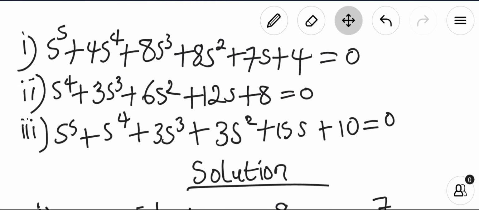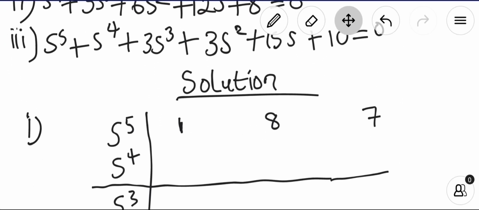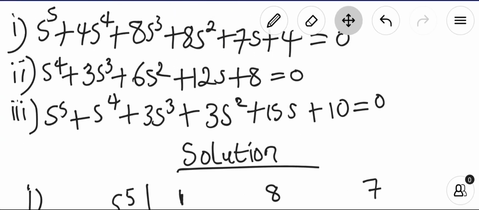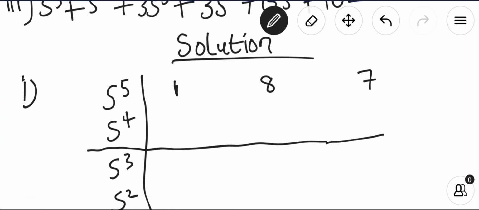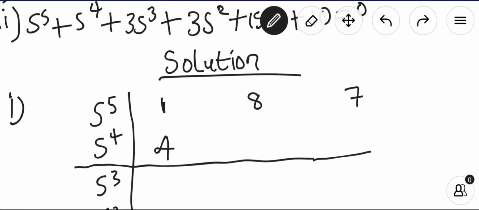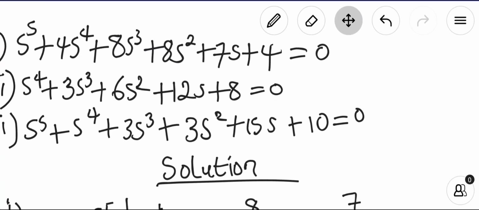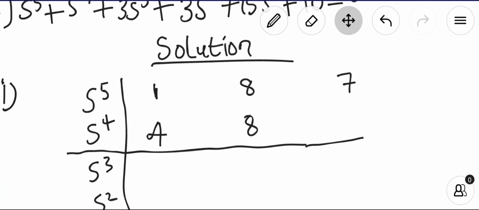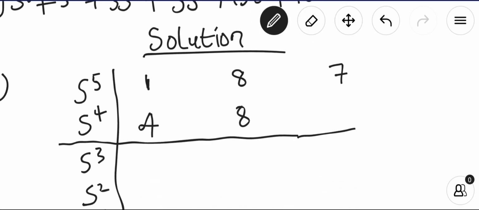Then for s to power 4, do the same thing. Take the coefficient of s to power 4, which is 4, and skip the coefficient of s to power 3. Take the coefficient of s to power 2, which is 8, and the coefficient of s to power 0, which is 4.